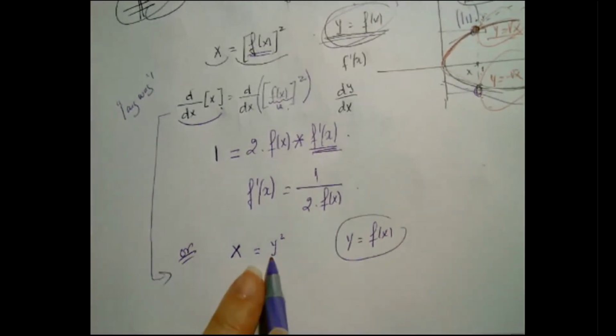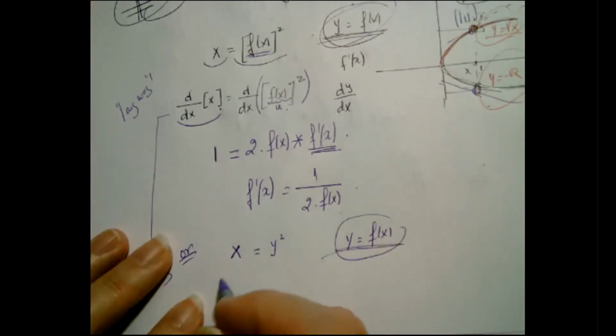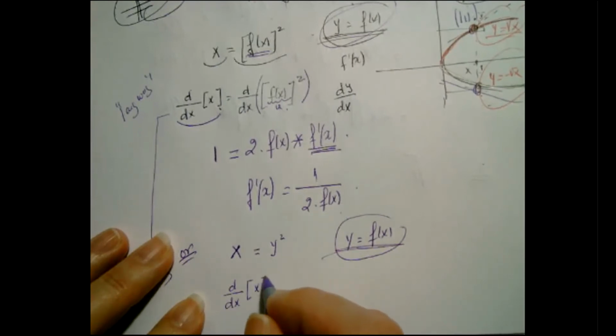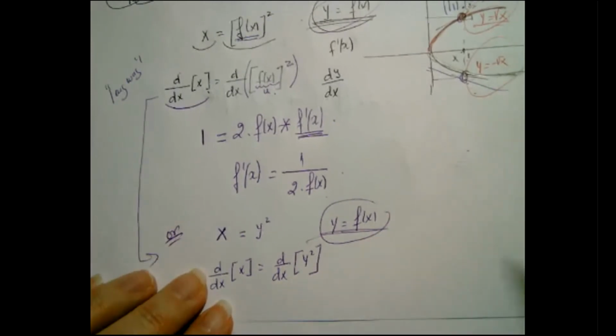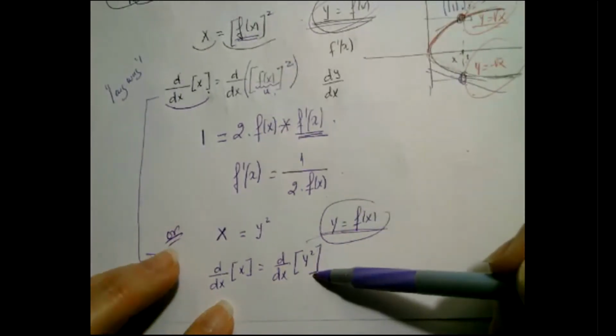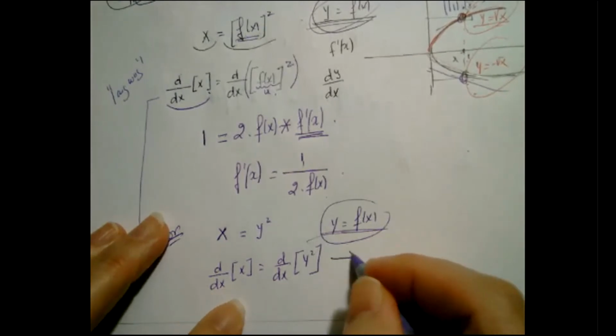But instead of writing f of x, I keep it y, but I keep in my mind that's what's going on. Then I say, okay, the derivative with respect to x of this is the derivative with respect to x of y squared. So the only thing I'm doing, instead of putting f of x, I'm keeping it as a y. So this will give me the following.